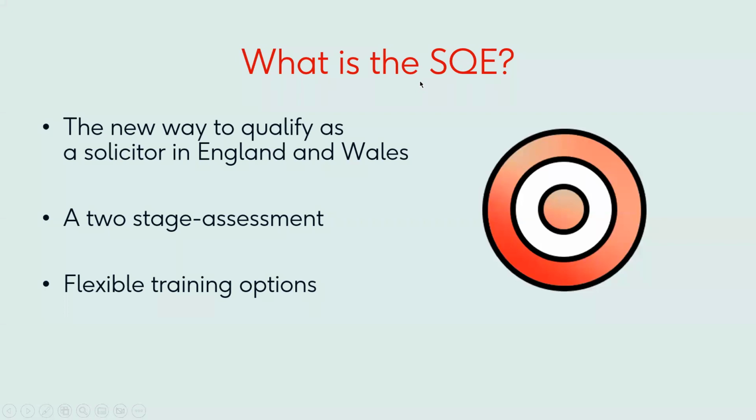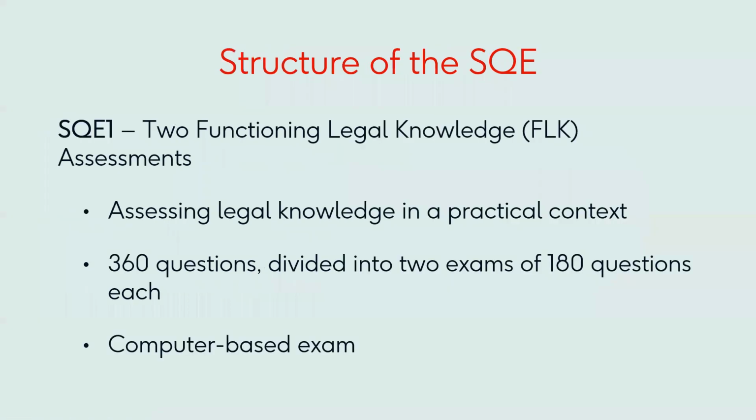What is the SQE? It is the new way to qualify as a solicitor of England and Wales. It's a two-stage assessment and it offers flexible training options. Structure of the SQE.